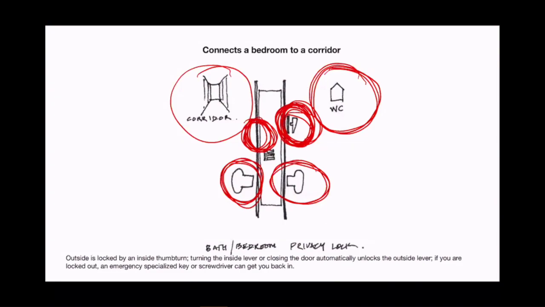So again, we have no key on the corridor side. We have a thumb turn on the bedroom side. We have a mechanism in there where if you turn the bedroom side knob, you can automatically unlock the door. And if the door is open when it's locked and then it gets closed, it will automatically unlock. That is our bath and bedroom privacy lock.